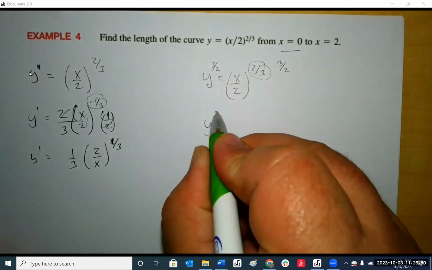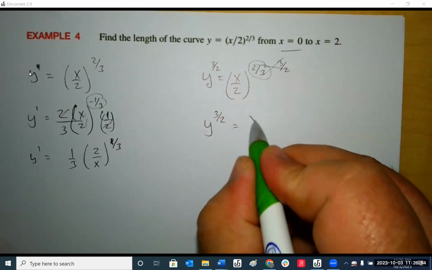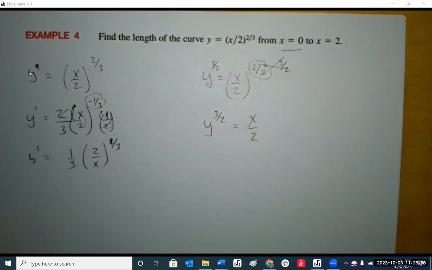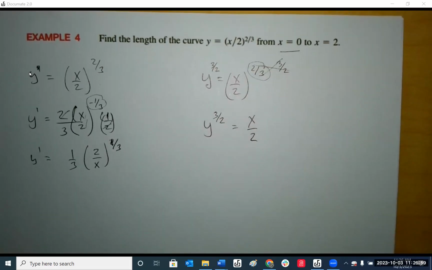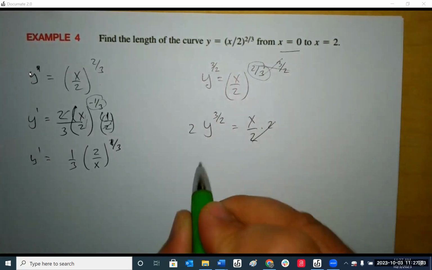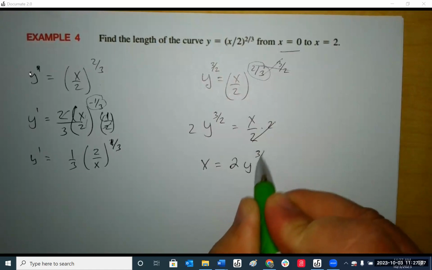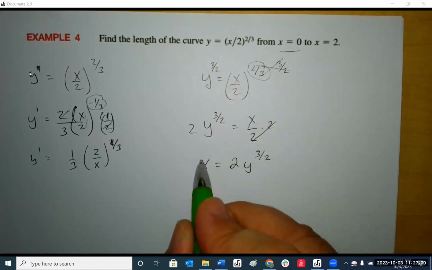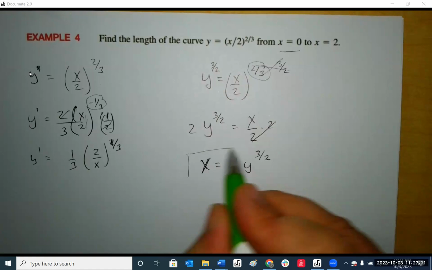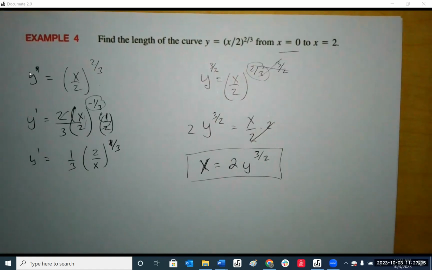Raise both sides to the power 3 over 2. So that cancels. So we just have x over 2. Then multiply both sides by 2. x equals 2 y to the 3/2. So this is our new equation.